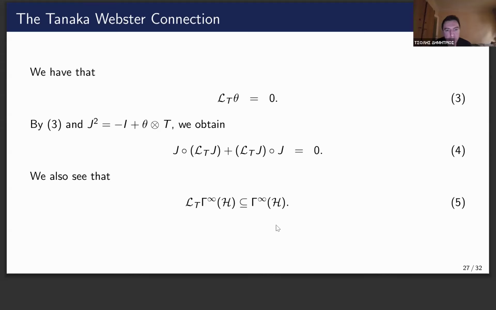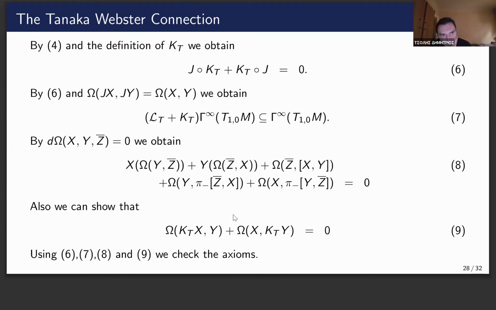You can also see that the Lie derivative of sections of H belongs to the sections of H. Now, by the above and the definition of K_t, we obtain this relation. And again, we can just use this relation of the omega that we actually proved to get that the Lie derivative with respect to T plus K_t of those sections of the holomorphic bundle belongs to the sections of the holomorphic bundle.